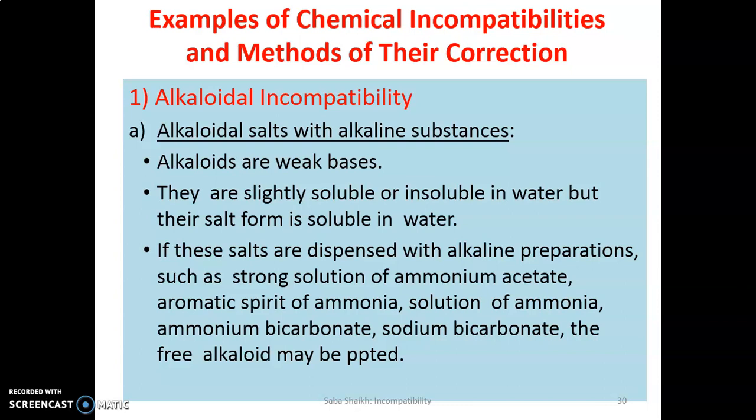Alkaloid will be a common chemical 1 or reactant substance 1, and that will react with another substance, that is reactant substance 2. Then what product will form, and how we are going to adjust or tolerate that incompatibility, or how we are going to correct the particular prescription with pharmaceutical skill and methods.